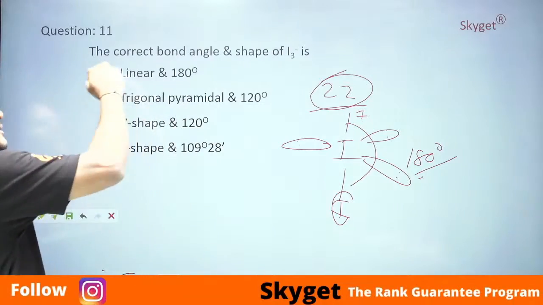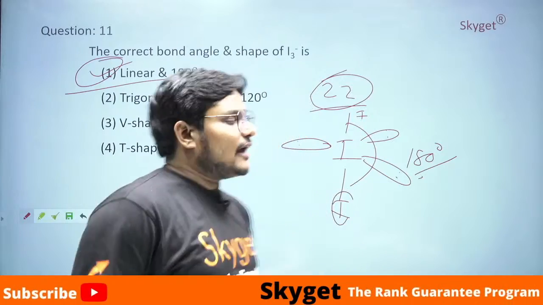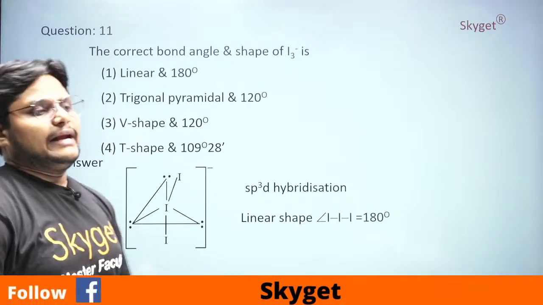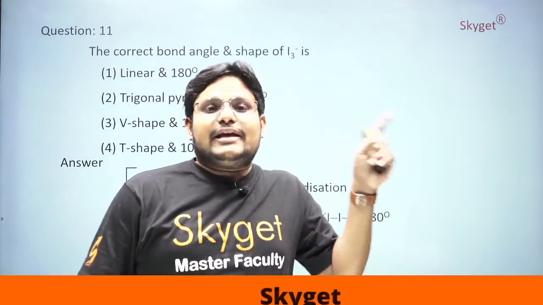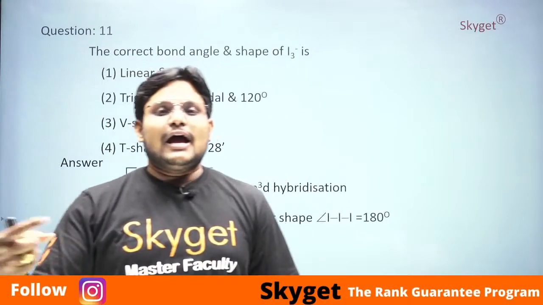So it is linear and the bond angle is 180 degrees. It cannot form 120 degrees or a V shape, students. It is a general and direct question, you can see the answer here.